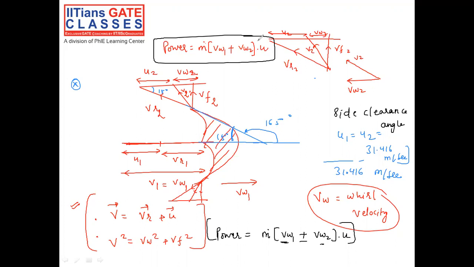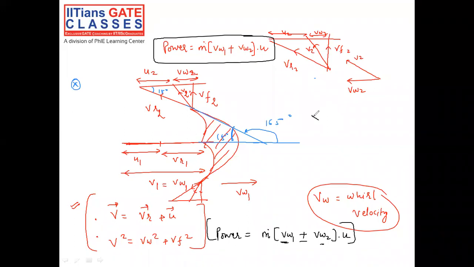But if your outlet velocity triangle is something like this, let me draw it. This is VR2, this is VF2, and this is U2.